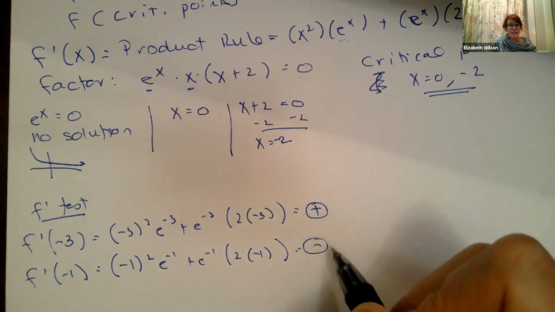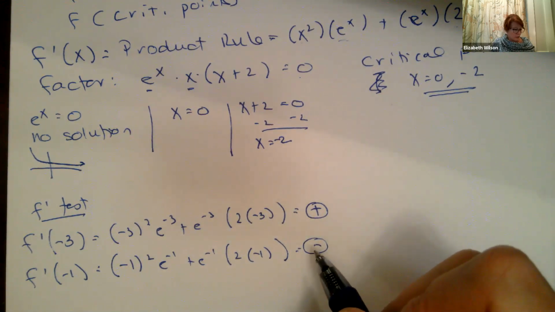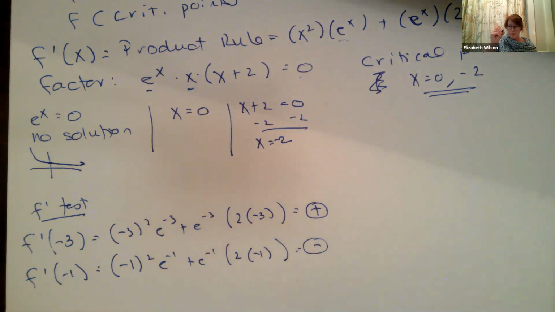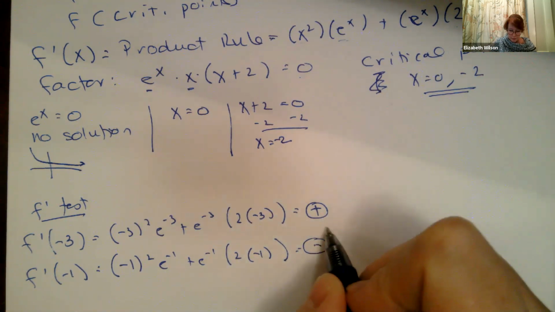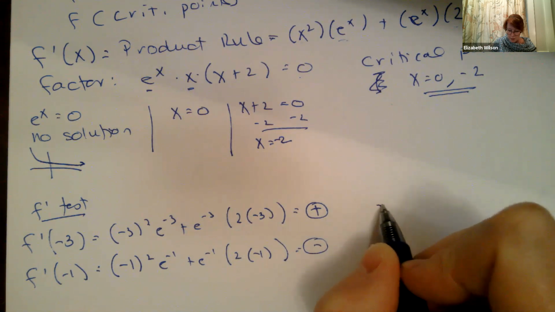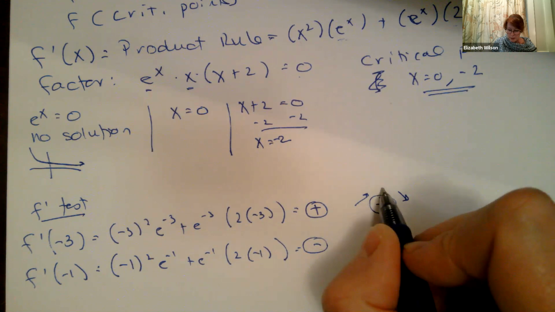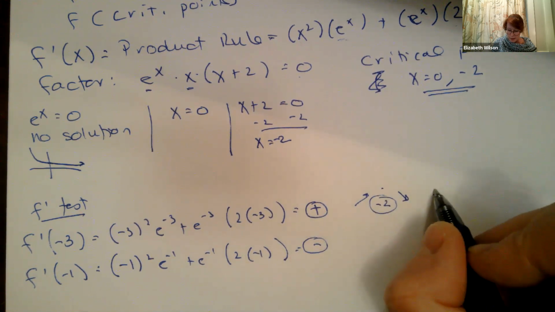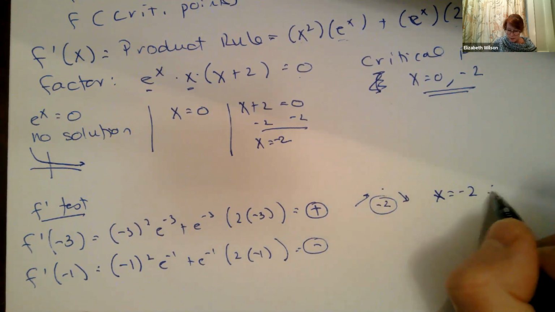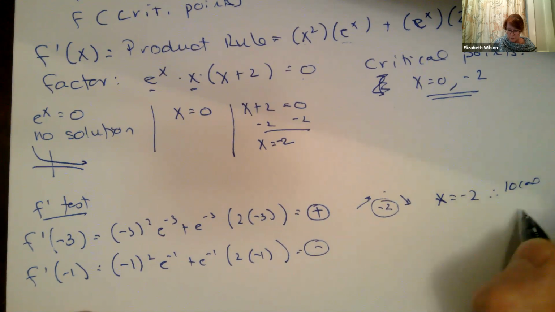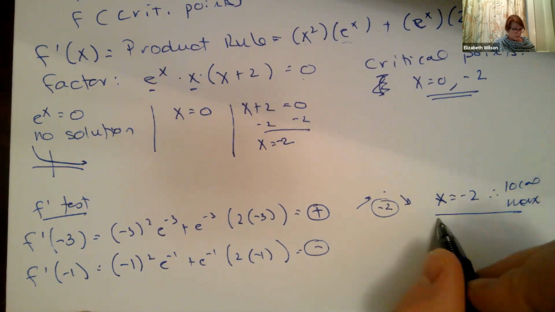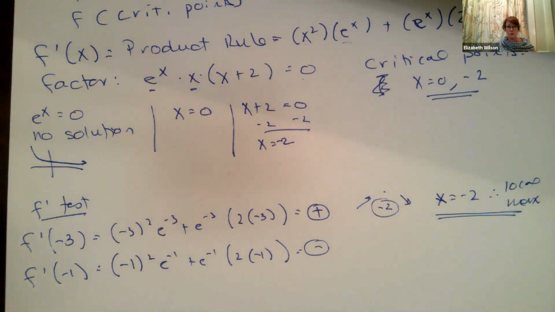So I've got a sign change around my minus 2: a positive, then a negative on my first derivative. That means x equals minus 2 is a local max. Write it out. You have to spell it out. This is what you're being asked for.